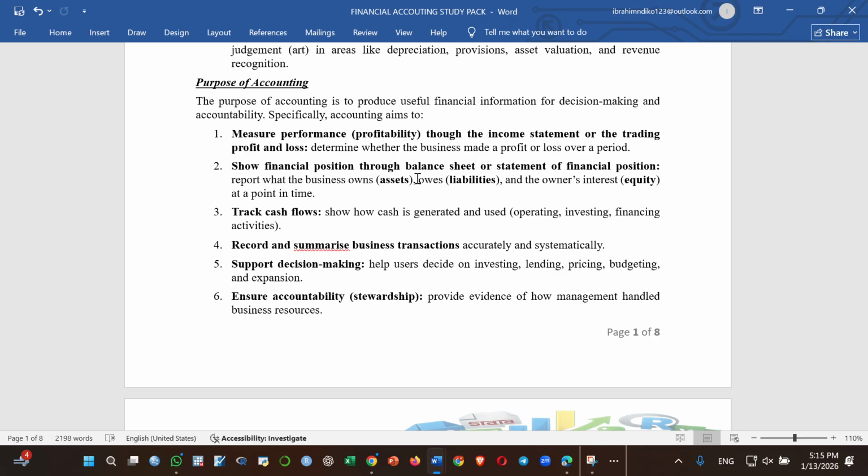Number three, it tracks cash flow. So what is this one achieved through? By looking at the cash flow statement.